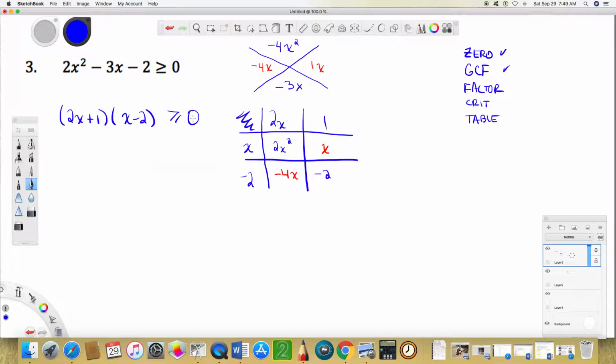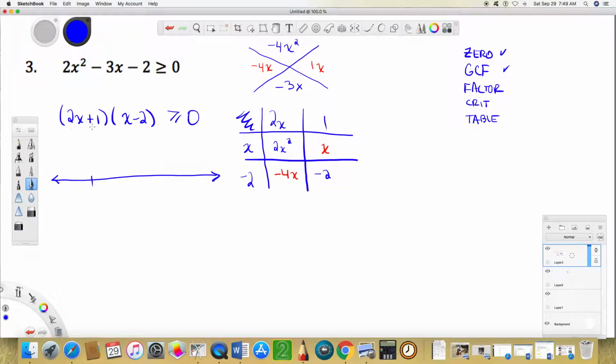The reason we want to see that in factored form is we're going to find what they sometimes refer to as critical points, and they're going to divide our number line into 3 regions, and within each region we look to see whether or not it's in the solution set.